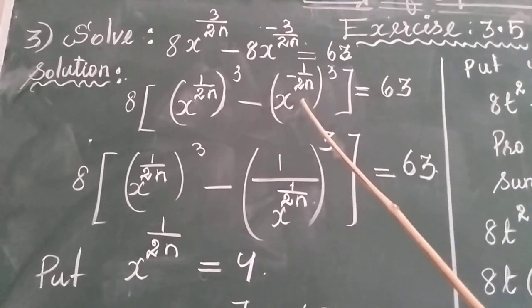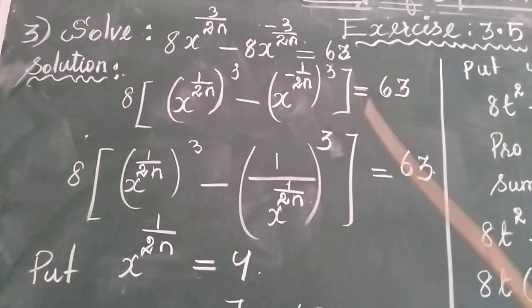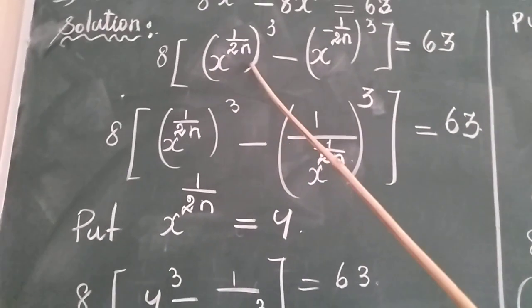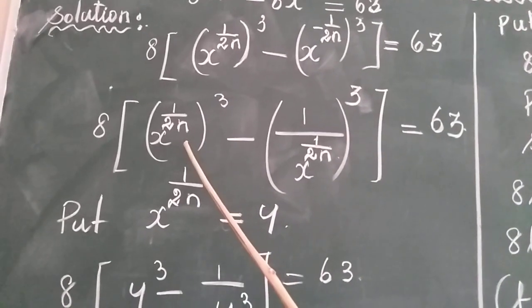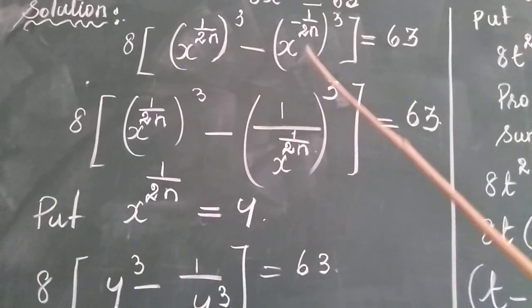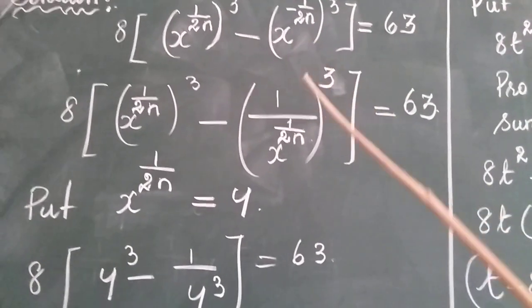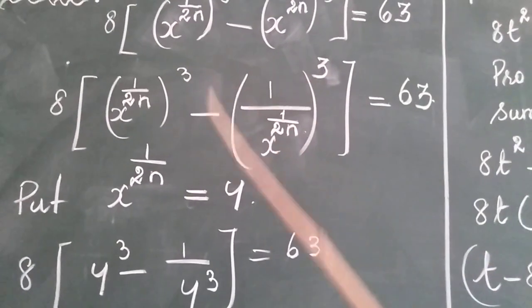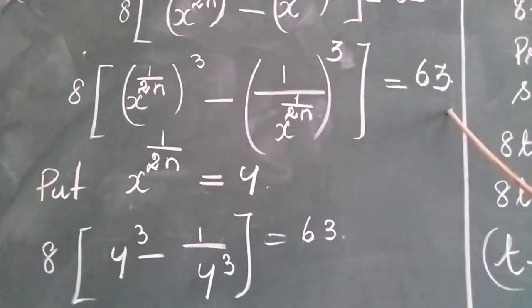Now when you bring this negative power to the denominator, it will change into positive power. So in the next step, this term is remaining the same, and here I change this one as a reciprocal. So when it changes into the reciprocal, this negative power will change into positive power here. The whole cube, that is equal to 63.